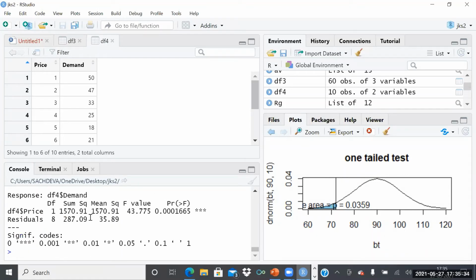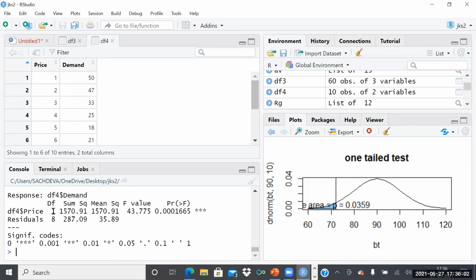It is the same ANOVA table. First we have just written RG. It told us the coefficients, the intercept. When we put summary, it told us R square, multiple R square, F, and whether it is significant or not. If we put anova, then it tells everything.